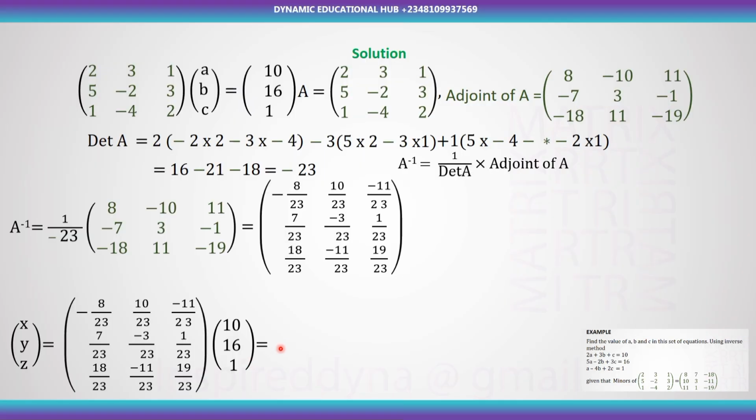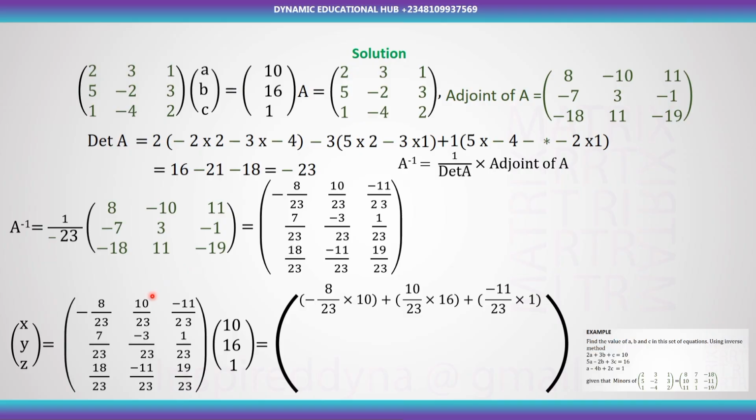So the first one, we are going to get minus 8 over 23 multiplied by 10, plus 10 over 23 multiplied by 16, plus minus 11 over 23 multiplied by 1, what we have here.